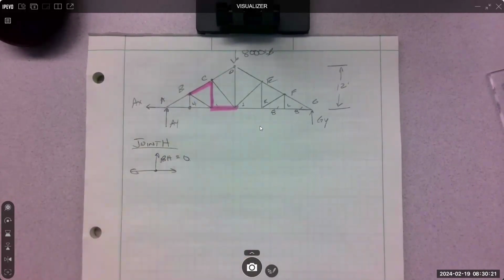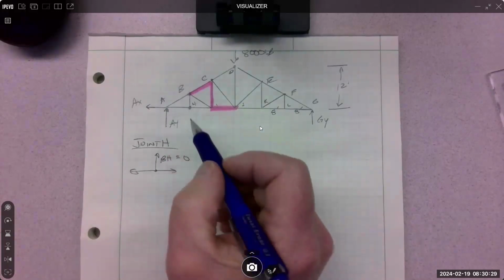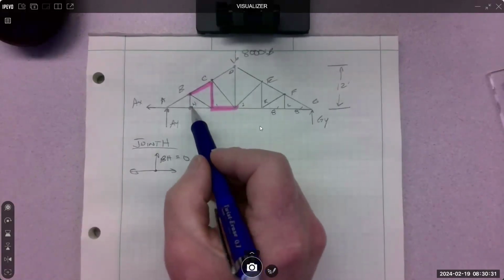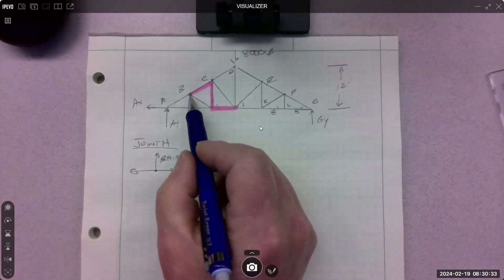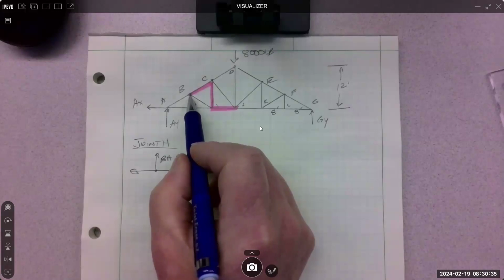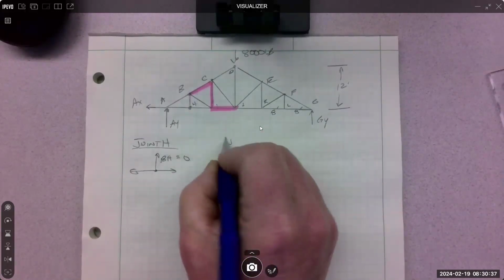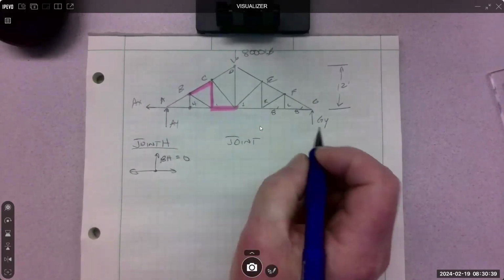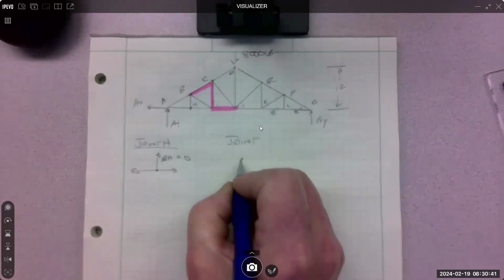Everyone agree? The tricky one is joint B. Normally you follow zero force members, like you look to the other side. So we determined this to be 0 from joint H. Then it would be a good idea to do joint B and just draw it in its new form, which would be this.